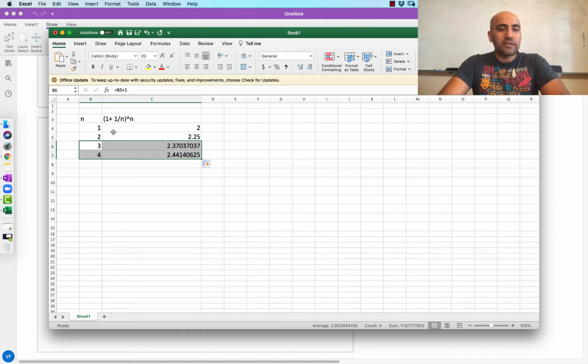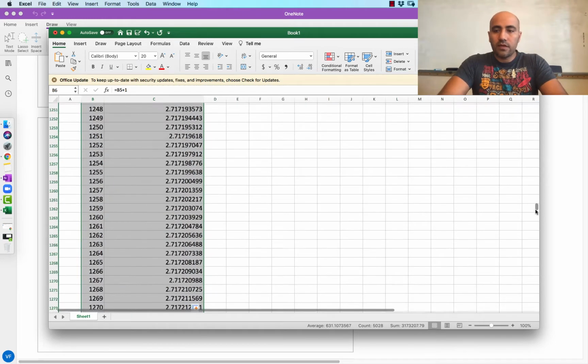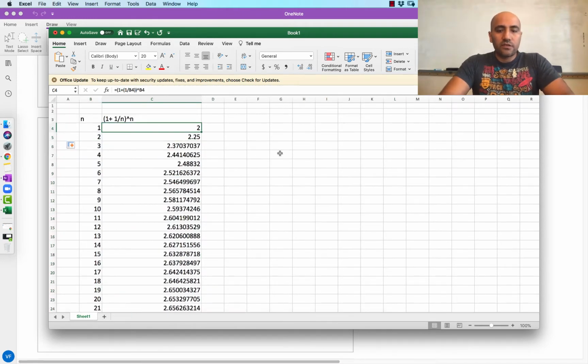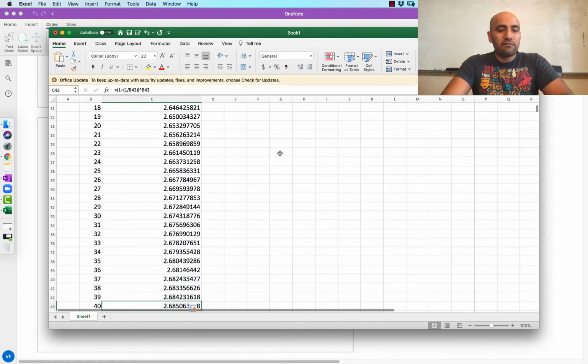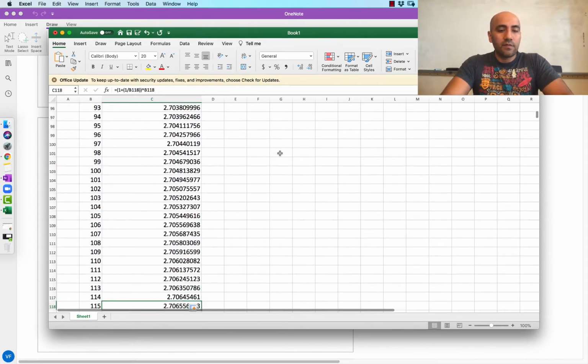But we're interested in seeing what happens as n goes to infinity, as this number gets really, really large. So I'm just going to expand this out, really go crazy. As I scroll down, notice that the values of n are getting larger and larger, in the 60s, in the 70s, in the 80s. So n is increasing. Look at the resulting outputs of that equation.